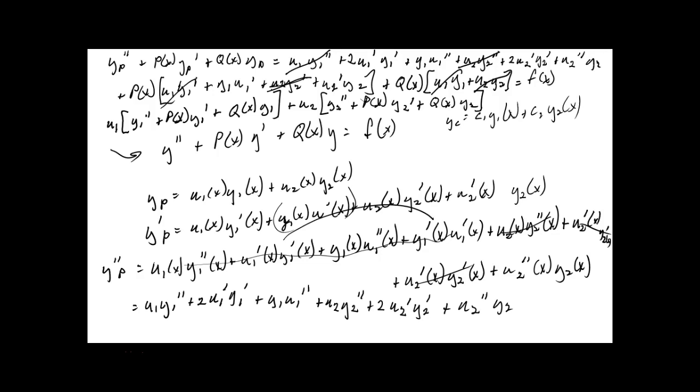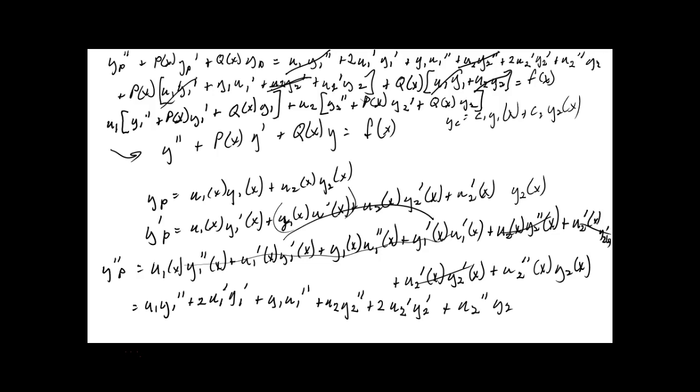Seems like they're missing a term or so here. We came up with two of these, and they came up with only one. And I don't see where that happened.